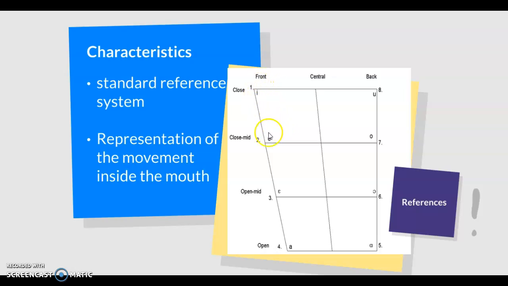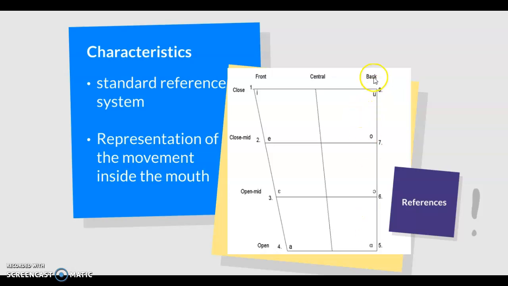This one, which is the opposite, A, is the most open. So any sound or symbol next to this place would be open and back. They are going to be open, very far away, and if it goes to the middle, it will be central, and if it is at the back, it would be a back sound.